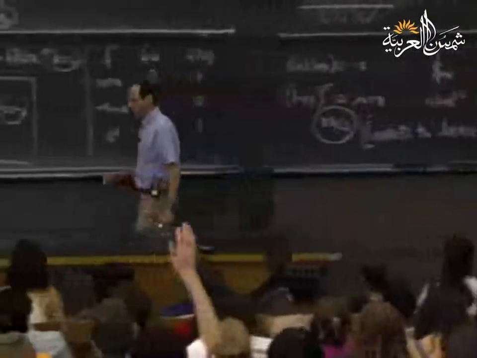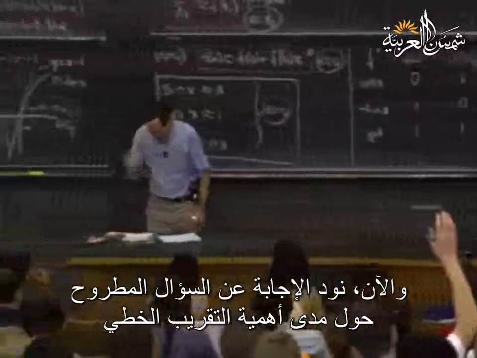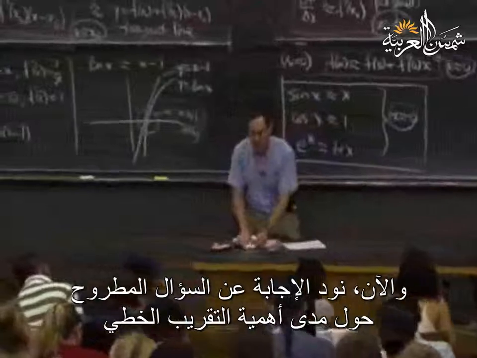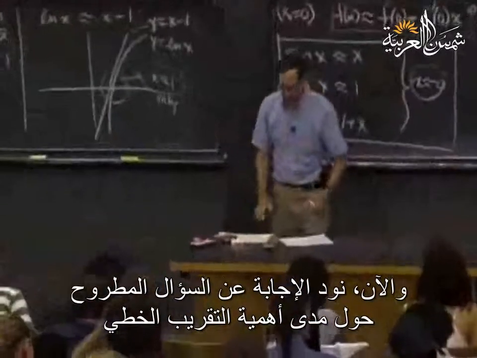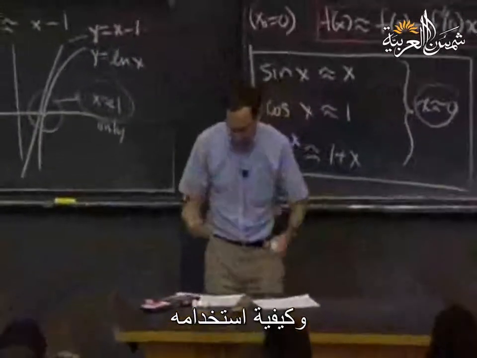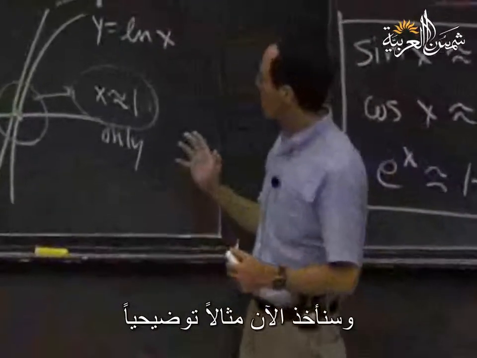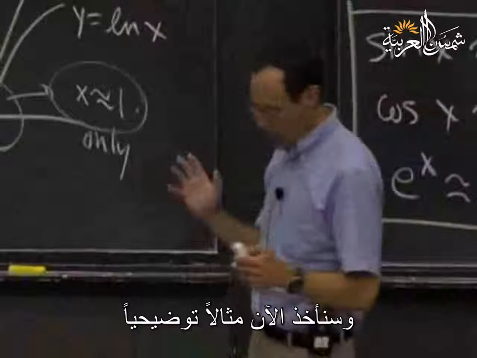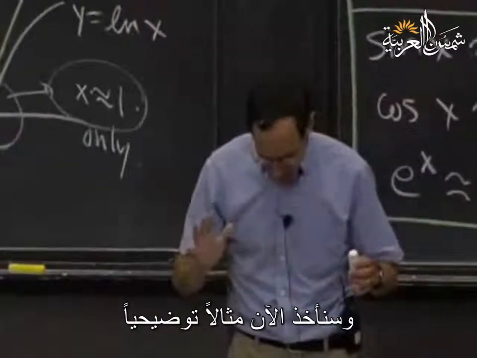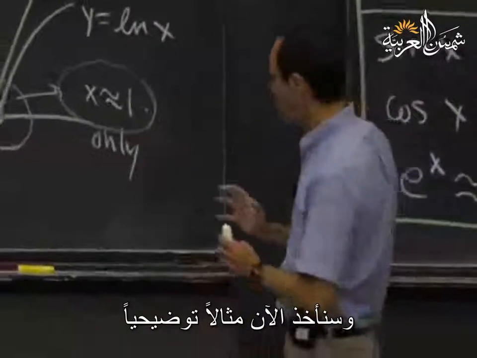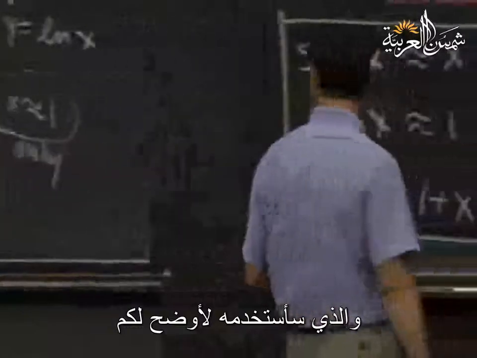All right. So now I want to try to address the question that was asked about how this is used and what the importance is. What I'm going to do is just give you one example here and then try to emphasize the first way in which this is a useful idea.